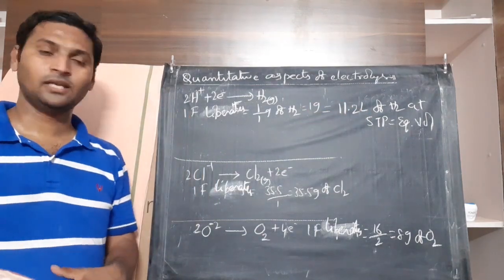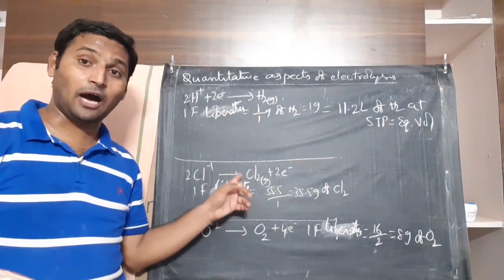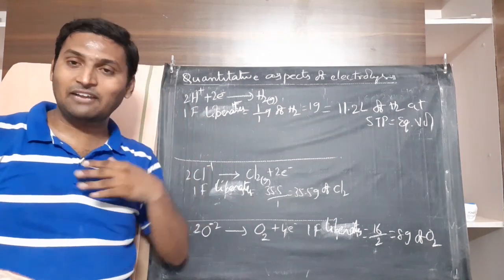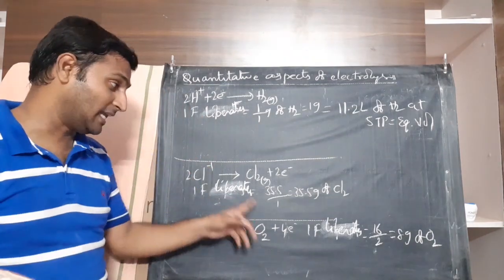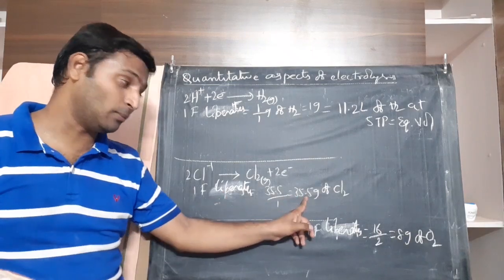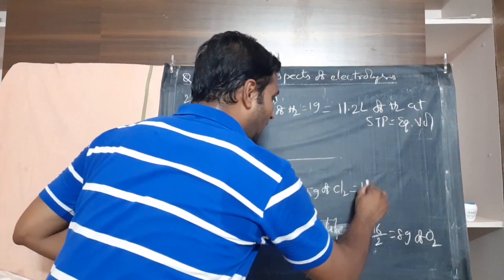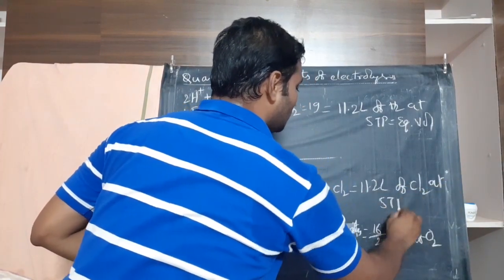Moving on. Again, the molecular mass of chlorine is how much? 71 grams. 71 grams occupies how many liters? 22.4 liters. But here 1 Faraday is liberating how much? 35.5 grams. 35.5 grams means again it will be 11.2 liters of chlorine gas at STP.